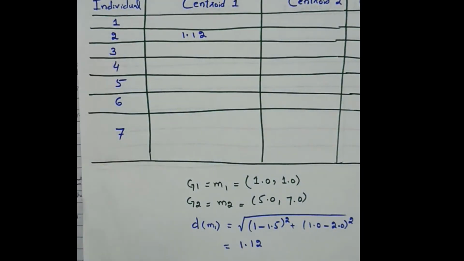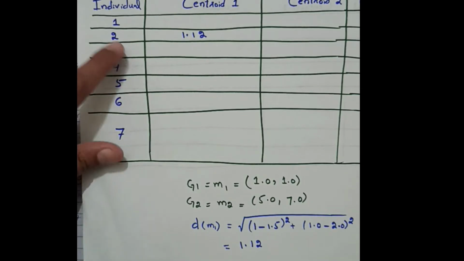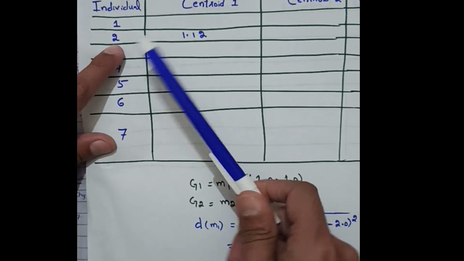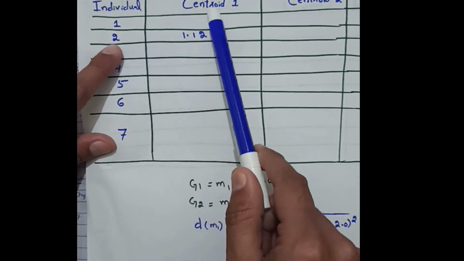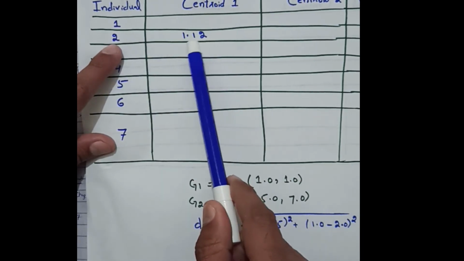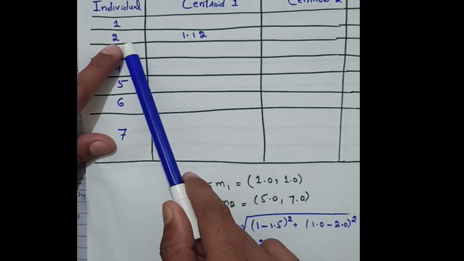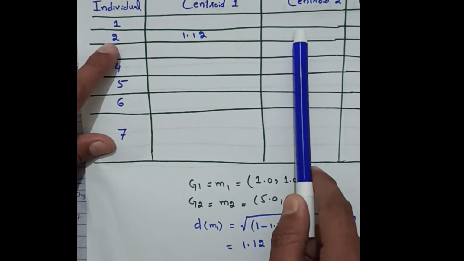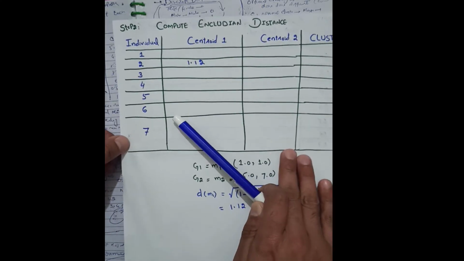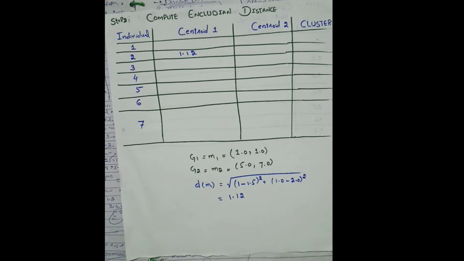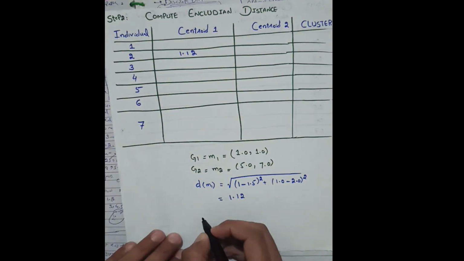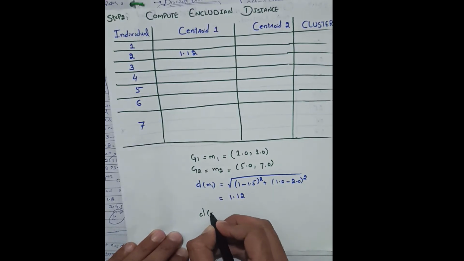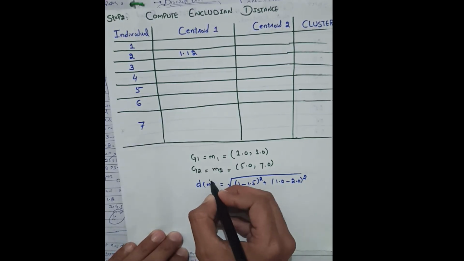So it means the Euclidean distance of individual 2 with respect to centroid 1 is 1.12. Similarly, we will compute the Euclidean distance of individual 2 with respect to centroid 2. I will show you how you can compute this step. This is very simple.